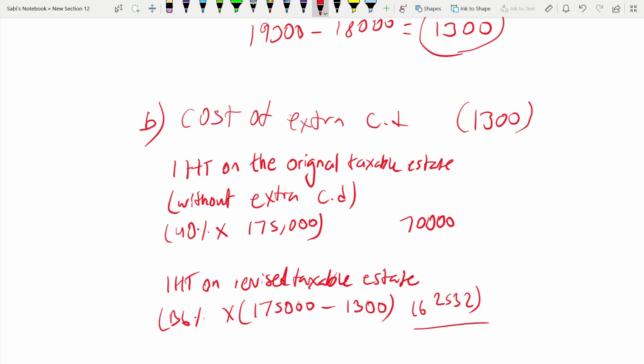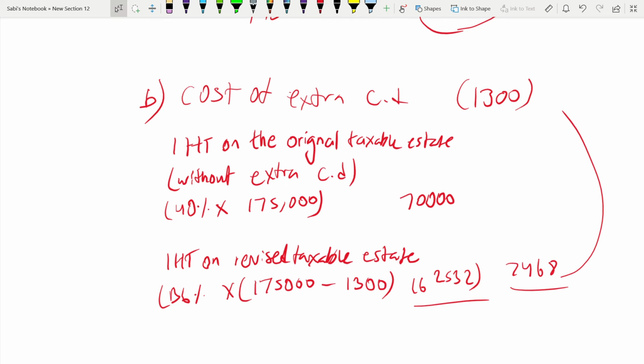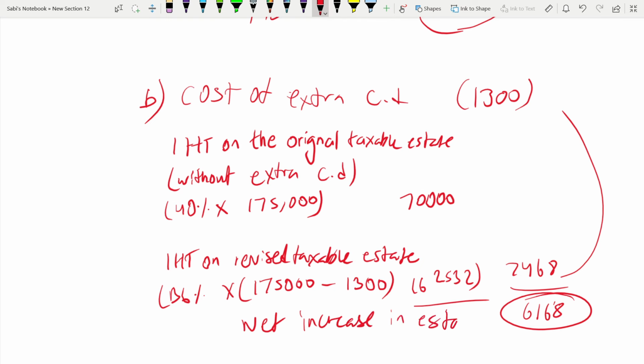The difference: 70,000 minus 62,532 is 7,468. So with this you deduct 1,300, giving 6,168. This is your net increase in the estate for Faisal's son.